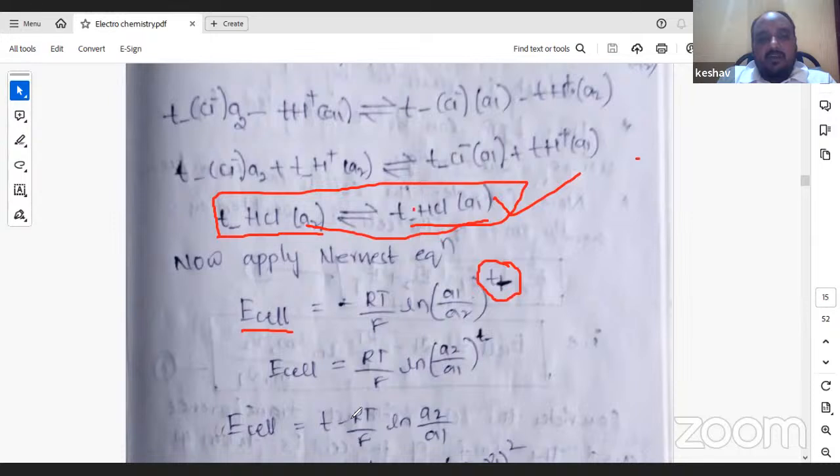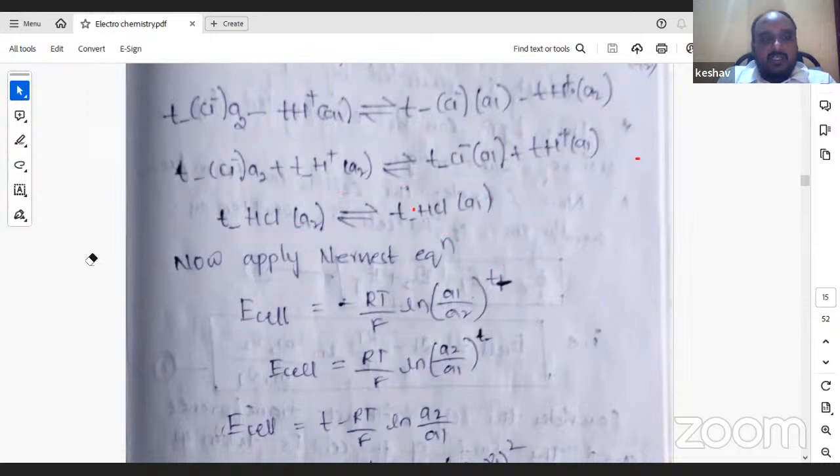This T minus will come to the front. Therefore, we'll get the equation: E cell is equal to T minus RT by F ln A2 by A1.